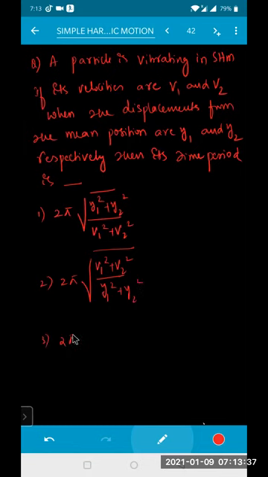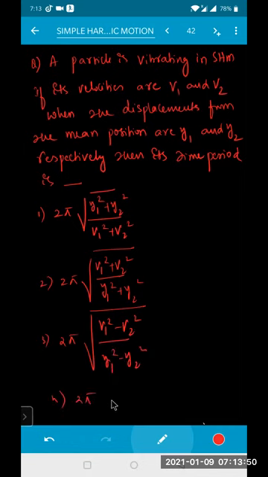Third option is 2 pi under root of v1 square minus v2 square divided by y1 square minus y2 square. And fourth option is 2 pi under root of y1 square minus y2 square divided by v1 square minus v2 square.